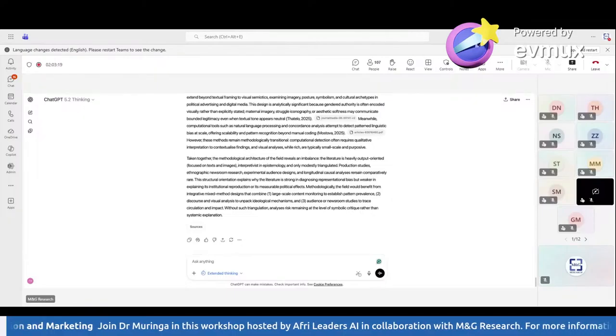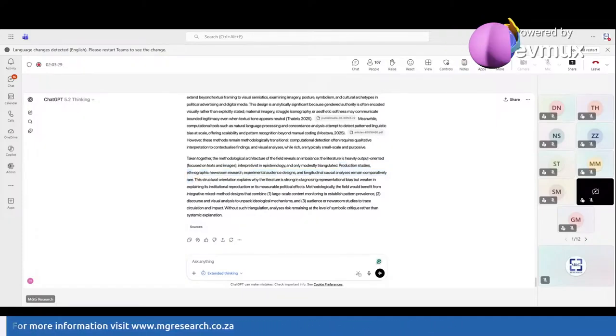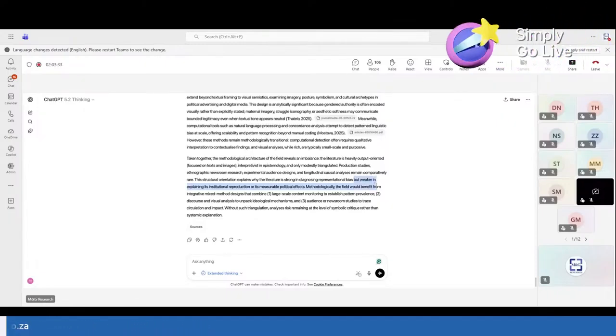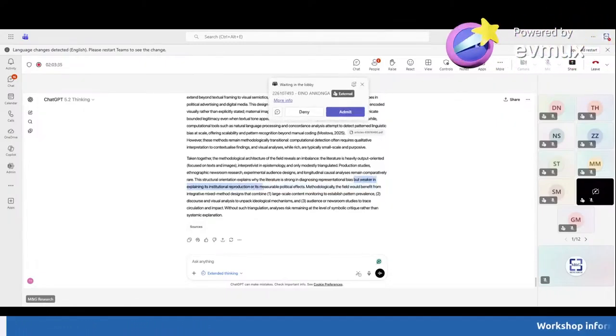So these here are gaps, right? This structural orientation explains why the literature is strong in diagnosing representational bias, but weaker in explaining its institutional reproduction or its measured political effects.